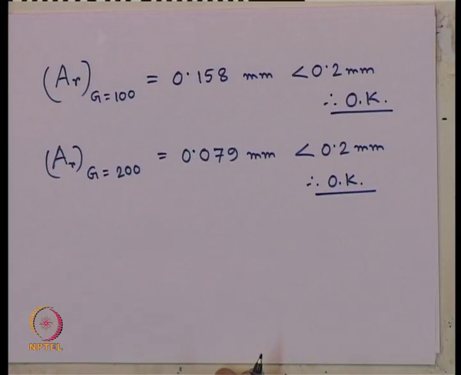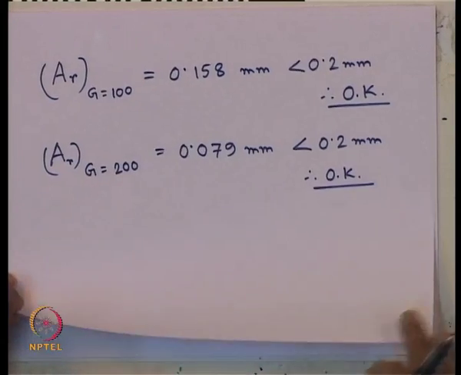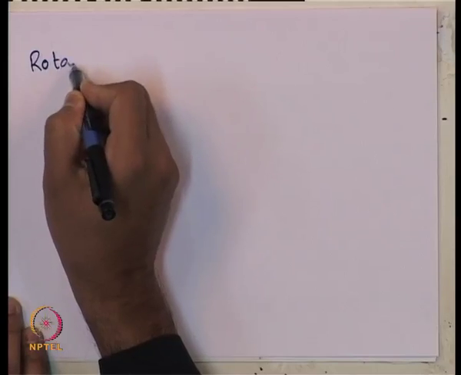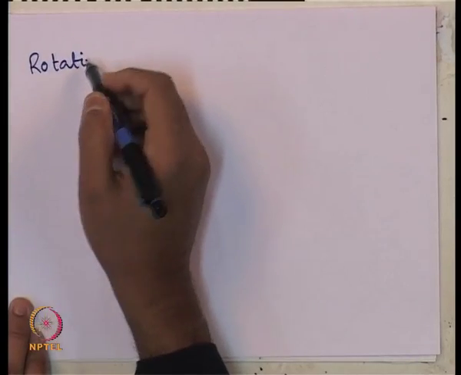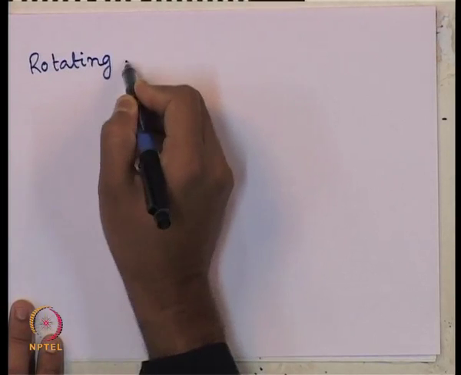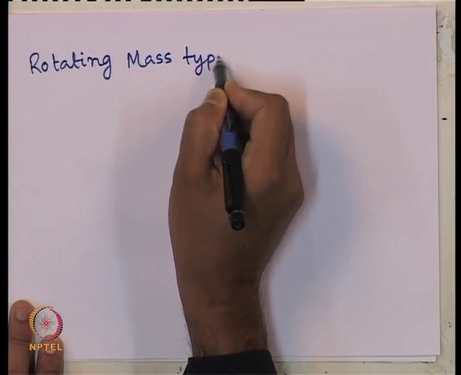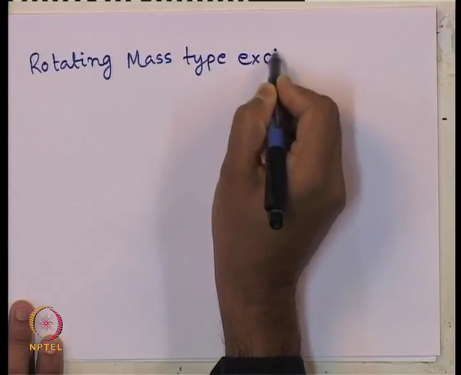So, this is for constant force type excitation. Now, if we consider the other case, that is rotating mass type excitation, what are the values of this displacement amplitude? Let us see. So, rotating mass type excitation.